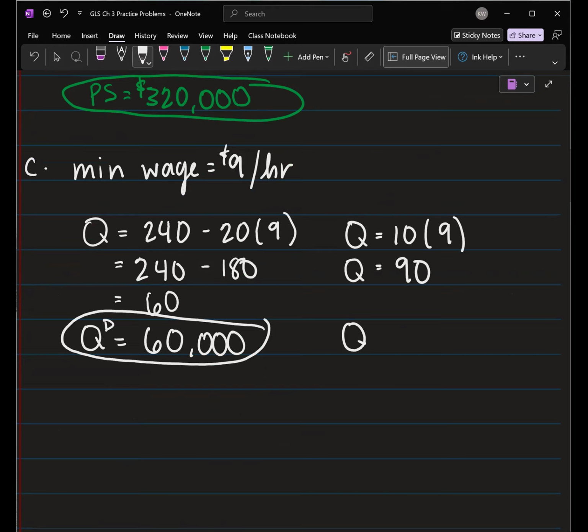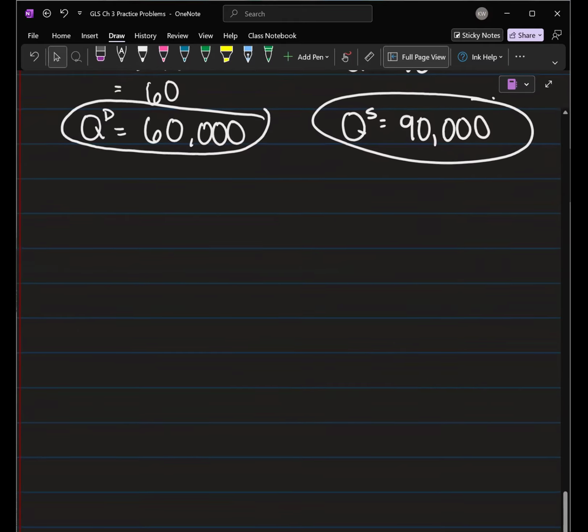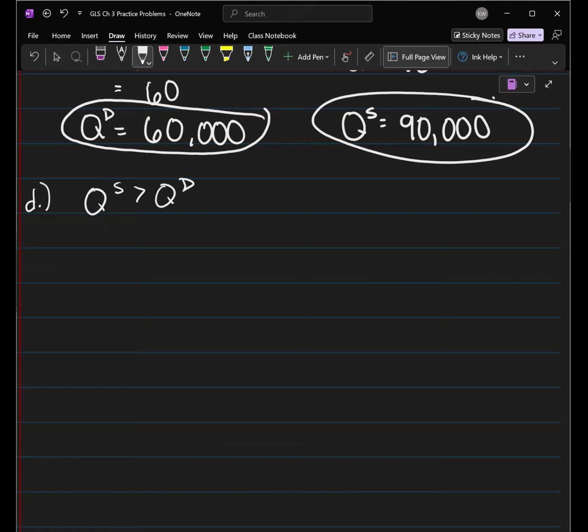Since quantity is measured in thousands, we multiply that by 1,000 and get that at a $9 minimum wage, workers want to work 90,000 hours. So what we have here, and this goes to part D, is a situation where quantity supplied exceeds quantity demanded. 90,000 is going to exceed 60,000.